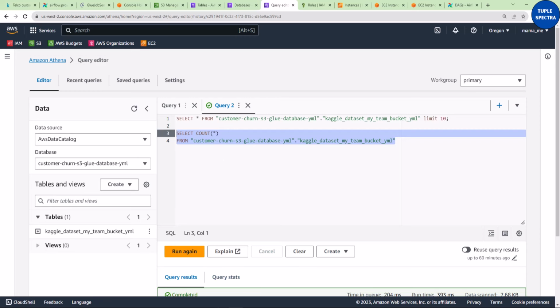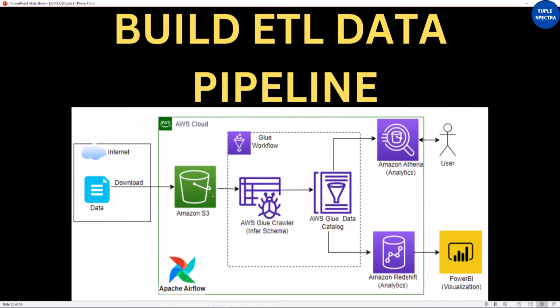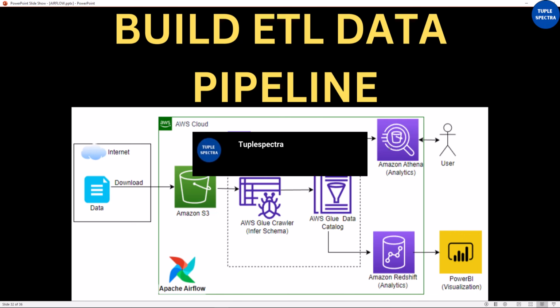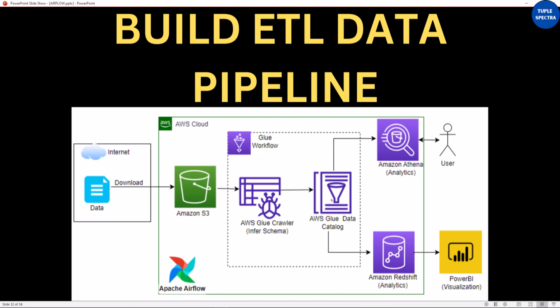So now we have at least been able to understand this part of the diagram, this S3 to Glue crawler, Glue data catalog, and to Amazon Athena. Okay, I hope you guys understand that right now. I hope that is pretty easy for you guys. Very good. So now that we have been able to do that, I'm going to stop this video right now because I don't want it to be too long.